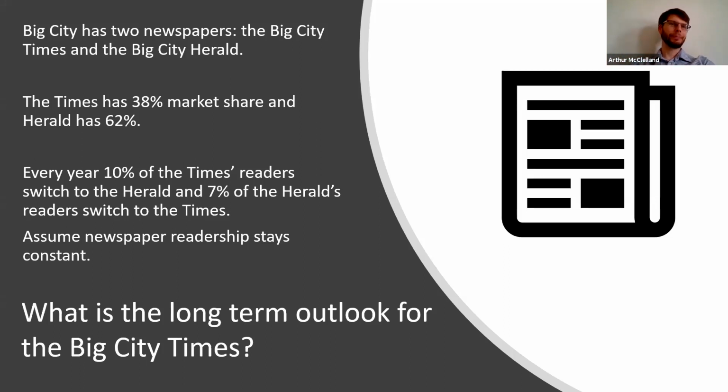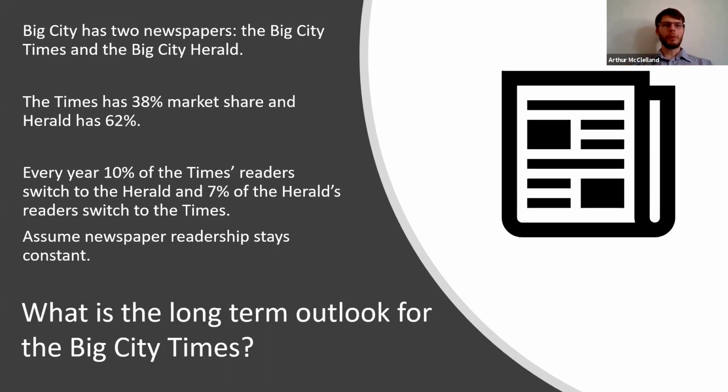All right, so I have a hypothetical city called Big City, and it has two newspapers, the Big City Times and the Big City Herald. So the Times has 38% market share and the Herald has 62% market share. And every year, 10% of the Times readers get frustrated and switch to the Herald, but 7% of the Herald's readers get frustrated with the Herald and switch to the Times.